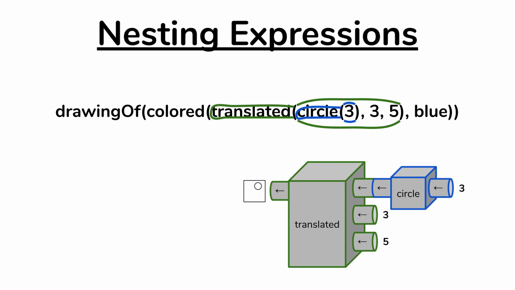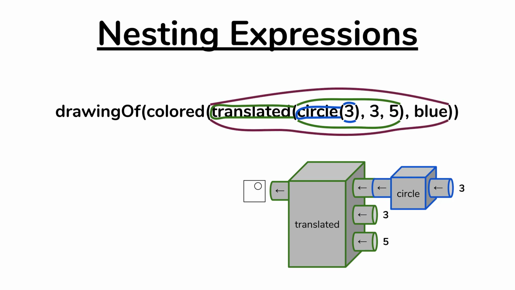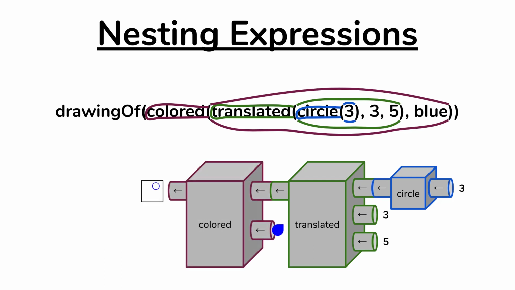We can now look at that entire translated function and its arguments as one expression and complete the function around it. That function is colored, and it looks like this. That corresponds to yet another piece in our machine. The output from the translated function is connected directly to the first input to colored, and then the color blue is provided as a second input.